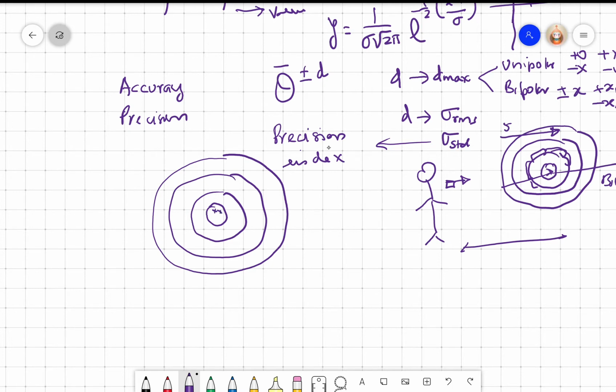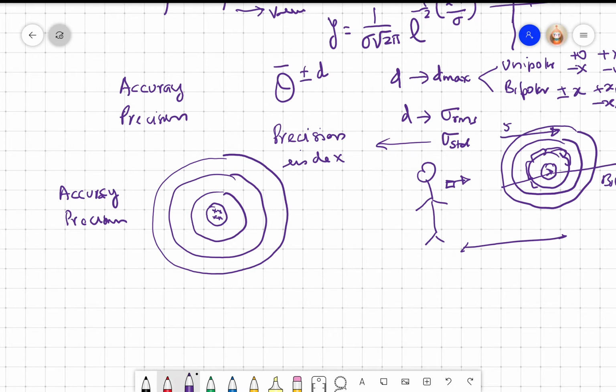So I have all the 4 here, right? Exactly on the bullseye. Then this arrow thrower has accuracy because he's very close, always on the bullseye, as well as precision, because he is repeatable.